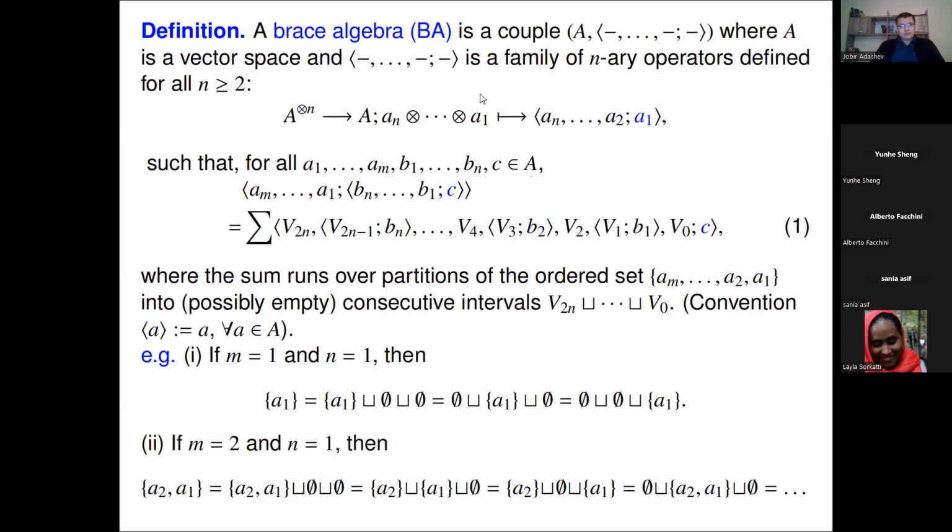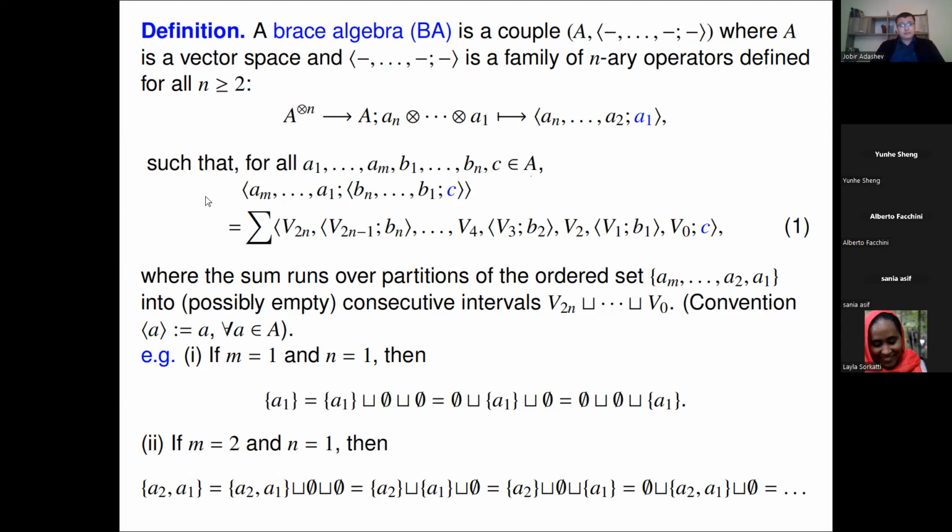These operators take a tensor A1 up to An to this element with angle brackets. Here, A1 is kind of the special one.